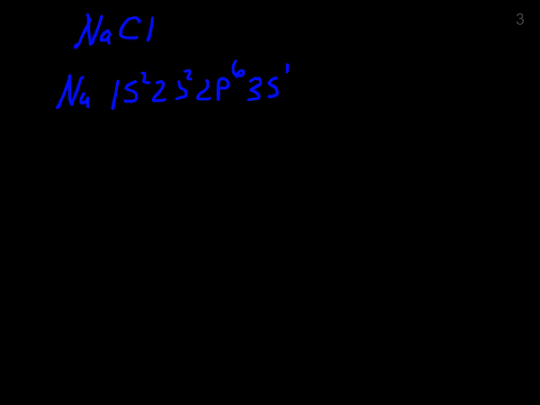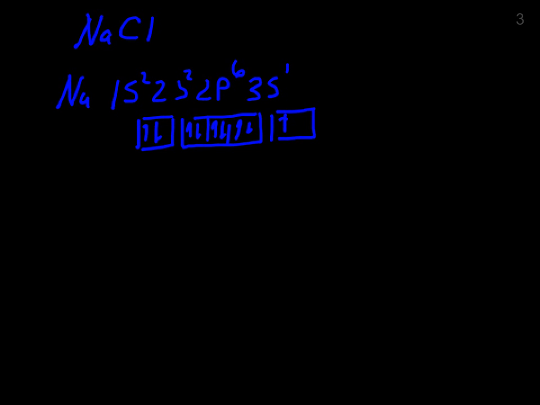In terms of what an orbital diagram would look like, I'll start at the 2s level. I'd have that. The p's would be all filled in, 1, 2, 3, 4, 5, 6, and then I would have a lone electron in the 3s sublevel.